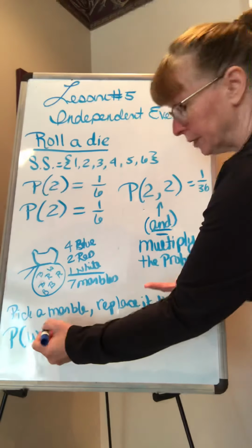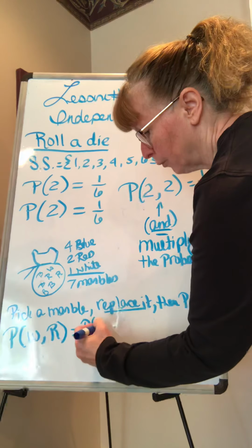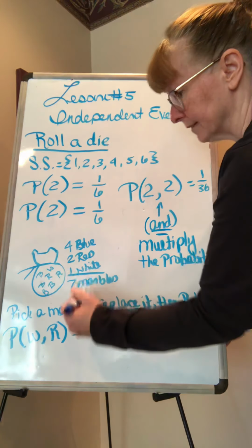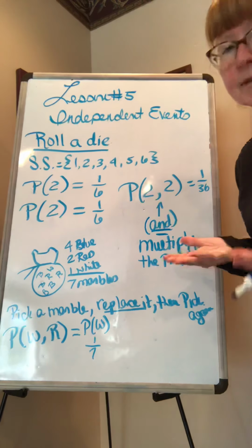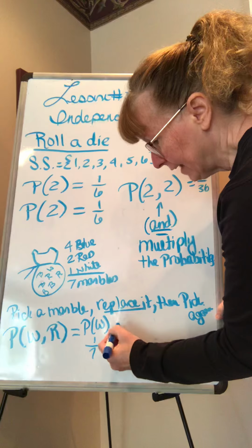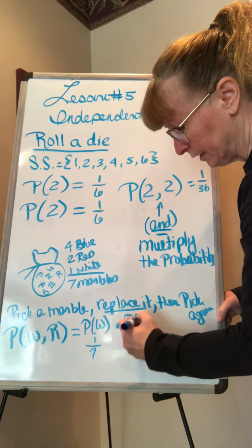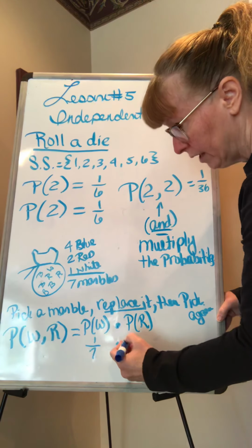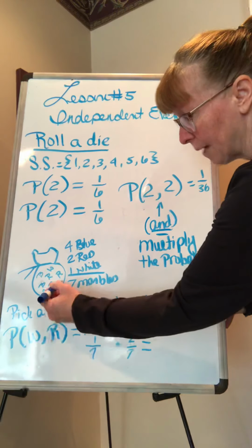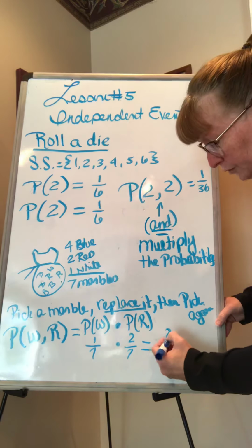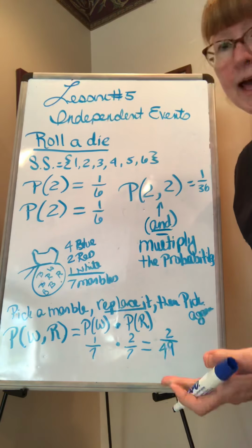Now, again, you picked the marble, you replaced it. So the probability of my white is 1 out of 7. I put the marble back in the bag. I still have 7 marbles. So, and then the comma, the and, the probability of picking a red is now 2 out of 7. So the probability that this happens with this particular sample space would have been 2 out of 49. So very small chance that that would have happened.